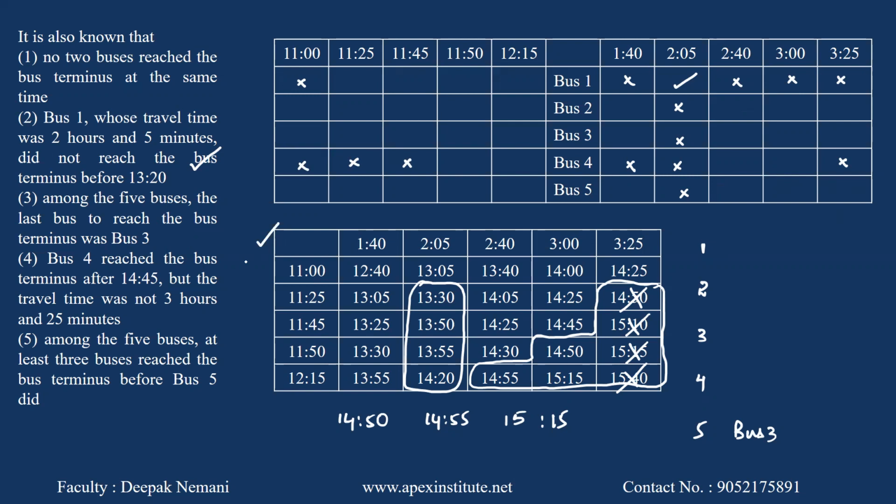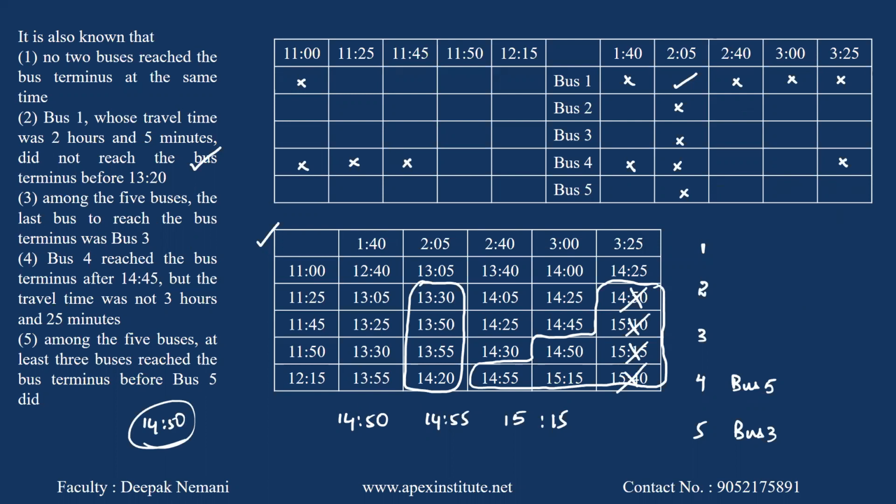Clear? Now, among the 5 buses, at least 3 buses reached the bus terminus before 5 did. So I can say that the 4th bus to reach the bus terminus is bus 5. So bus 5 reached after bus 4. Okay. So I can also say that bus 5 reached after 14:50 for sure. Now, if bus 4 reached the terminus at 14:50, then bus 5 would have reached at 14:55.